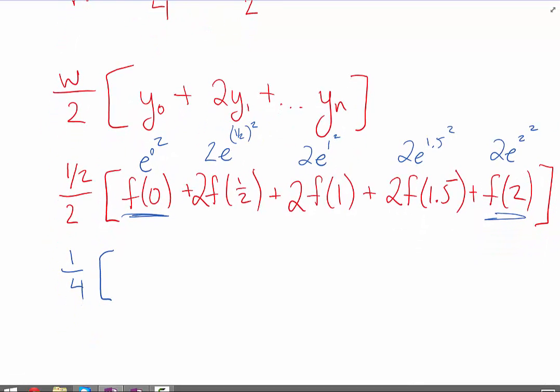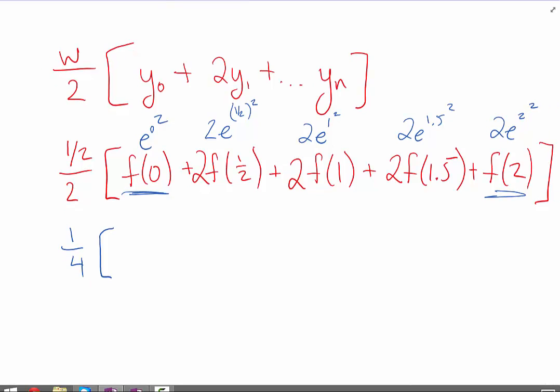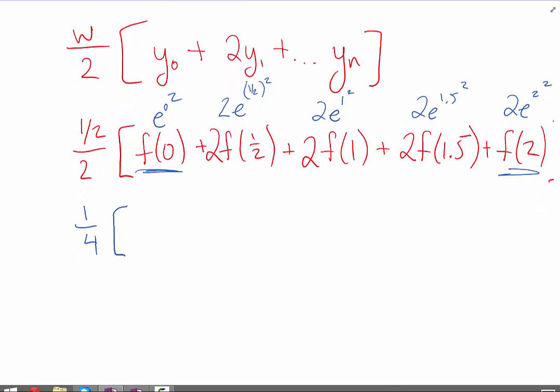And once you plug that all into your calculator, you're going to get 1/4 times some number on your calculator. And sorry, when I did this, I forgot to figure out what that number was. But my final answer that I got, and you guys can check this on your calculators, was 20.644.